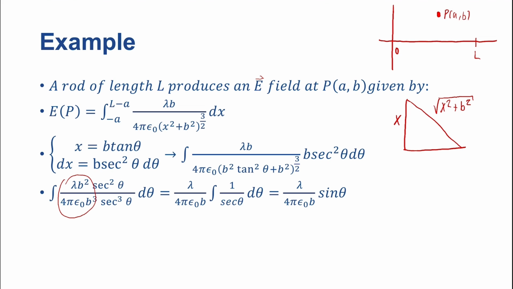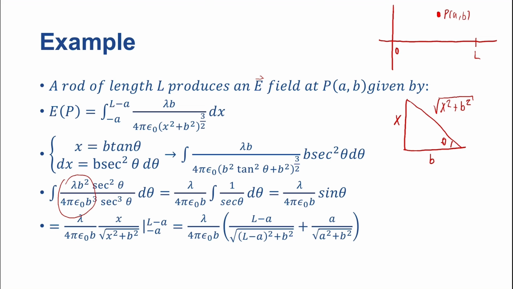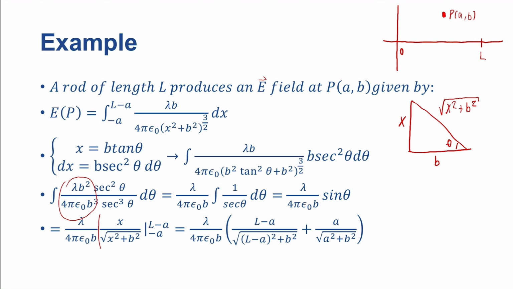Now sine of theta is opposite over hypotenuse, so we get x over the square root of x squared plus b squared. So this is going to leave us with lambda over 4 pi epsilon naught b times x over the square root of x squared plus b squared, and we're evaluating between negative a and L minus a. So what we're going to do is only evaluate the fundamental theorem of calculus for this term here.